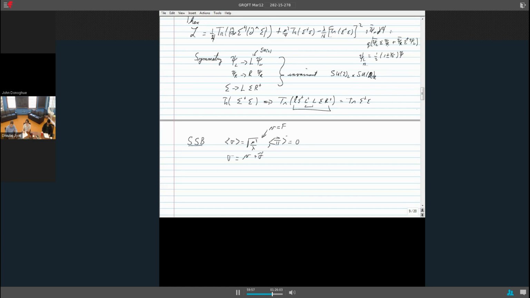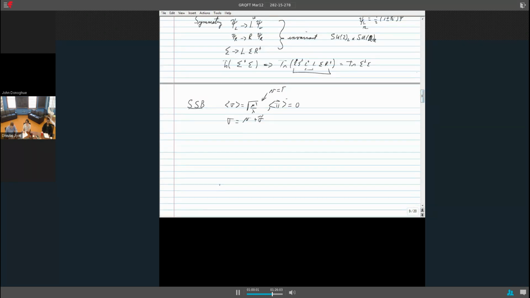All right. Now, the predictions of the theory: we do go through spontaneous symmetry breaking. There's a minimum in that potential that breaks the symmetry. The symmetry is SU(2) left cross SU(2) right.